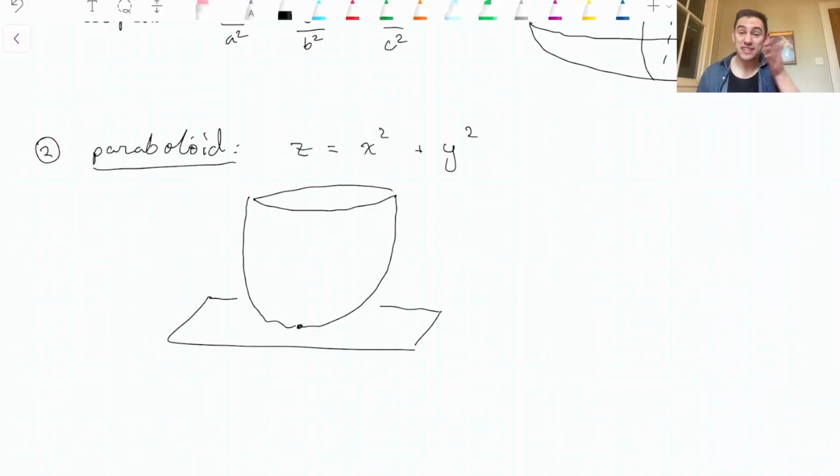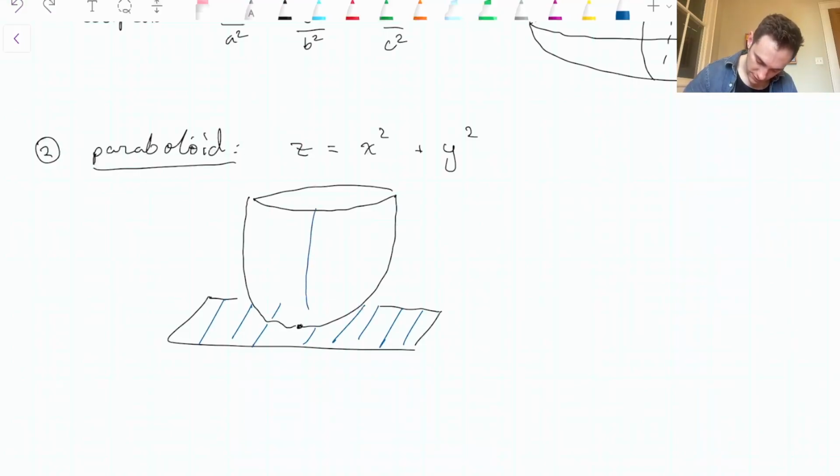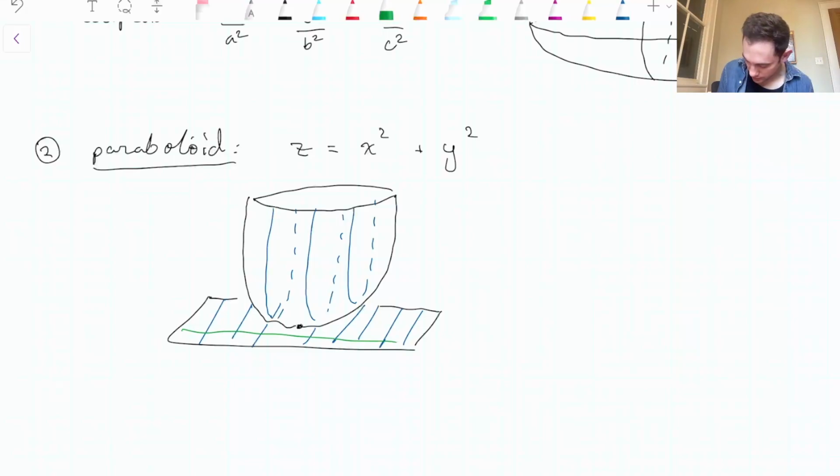And of course, I see that all of my traces, if I take some y traces there, where I set the y coordinate to be constant, my y traces look like parabolas. If I take some x traces in this direction, I'm going to see the same thing, some nice parabolas.